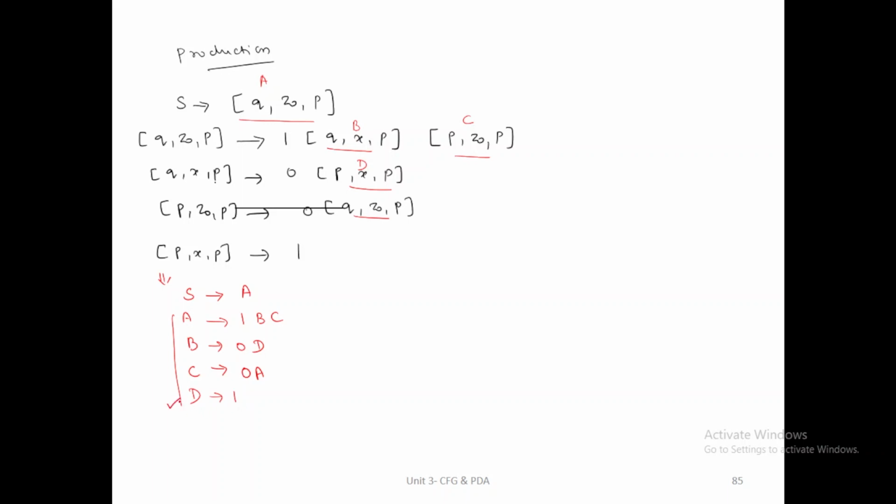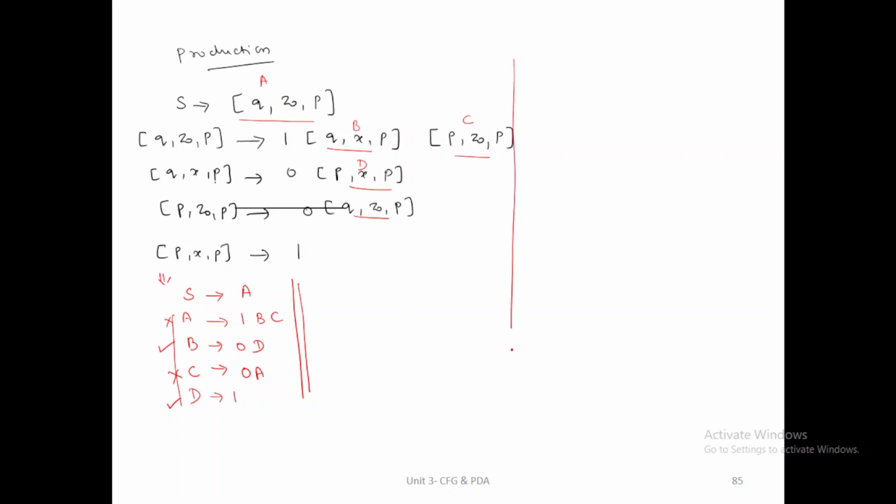D produces a derivation. C, with 0A, means A once again contains 1BC, so C does not produce an input string. B contains 0D, and substituting 1 for D means B produces an input string. B produces an input string but C can't, so you cannot produce an input string for A. So if I take [Q,0,P] as a production, this will not derive the input string.